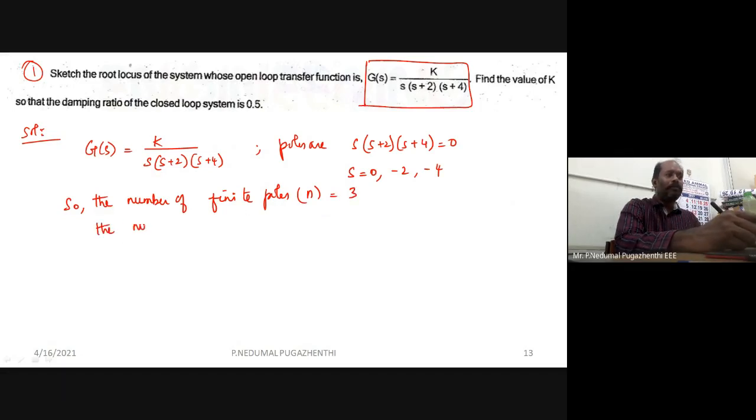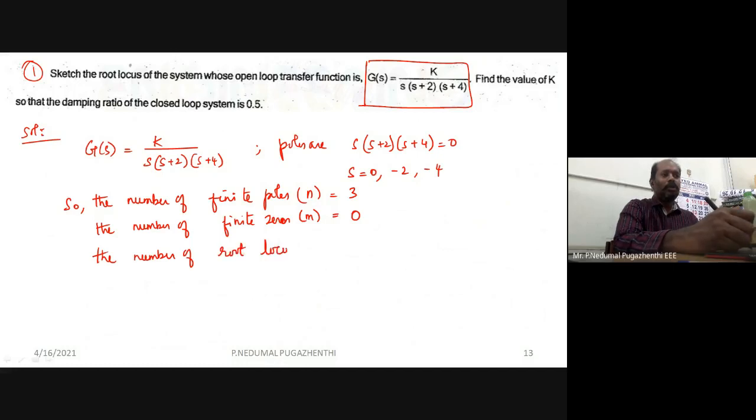The number of finite zeros from the problem is denoted as m, and you do not have any zeros because there is no numerator polynomial; you have only the gain K, right? So the number of root locus branches is equal to the number of poles, which is equal to 3.